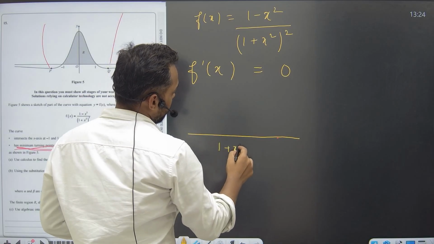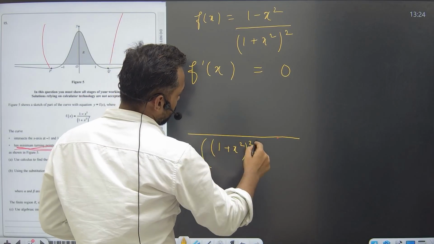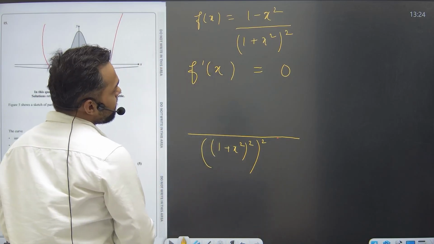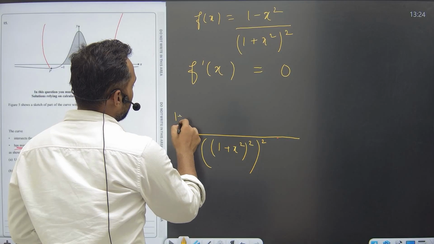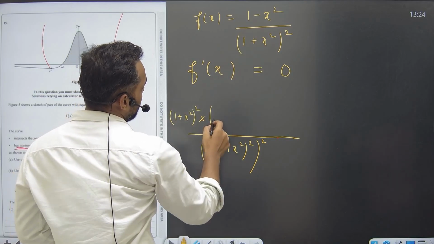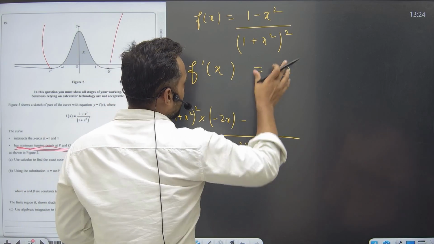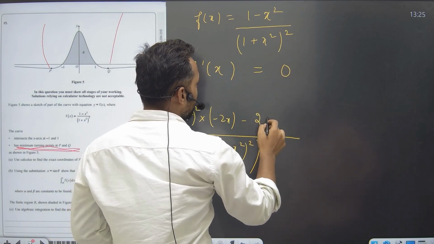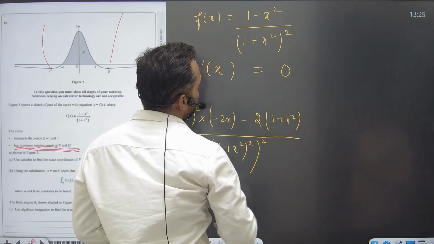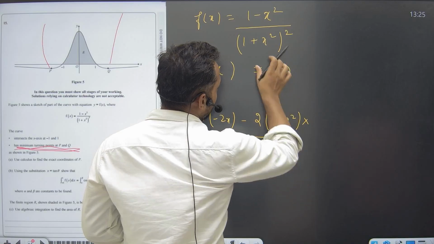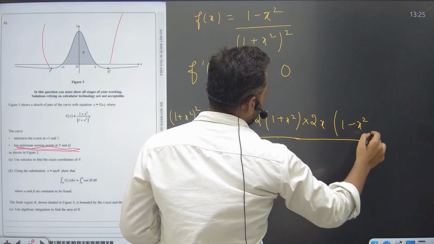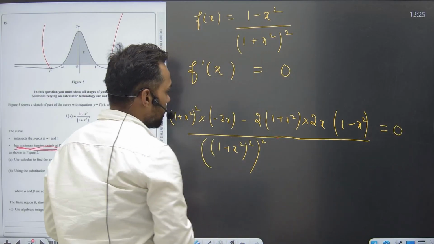So it will be (1 plus x squared) squared times the derivative of the numerator, which is negative 2x, minus the derivative of the denominator, which is 2 times (1 plus x squared) times 2x, times (1 minus x squared). This is what the differentiation will look like.